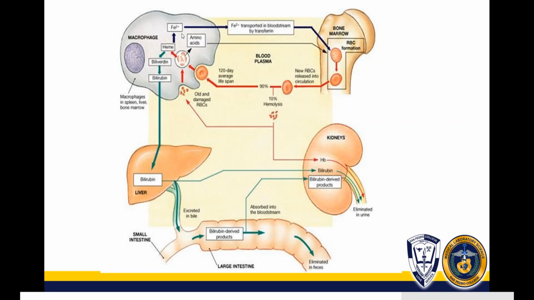Iron also is not eliminated out of the body because as much as possible iron has to be recycled, and that's the normal mechanism of your body to recycle iron. So iron will be brought to the iron pool in the bone marrow, and that iron will be used in generating another batch of RBC.